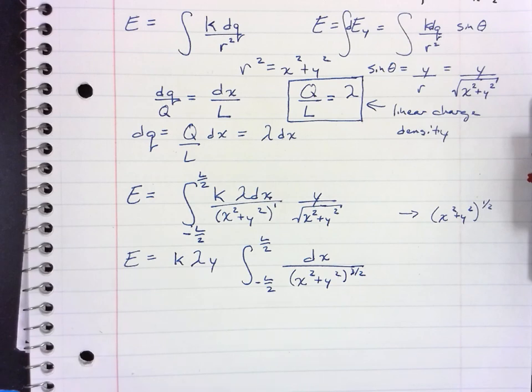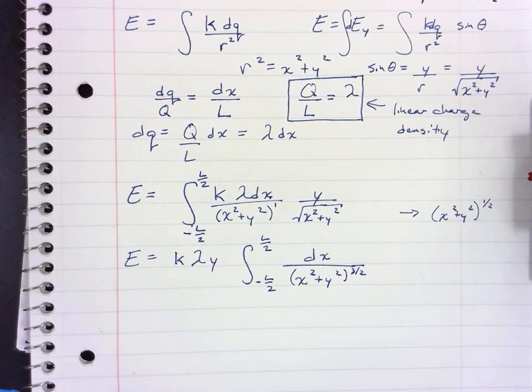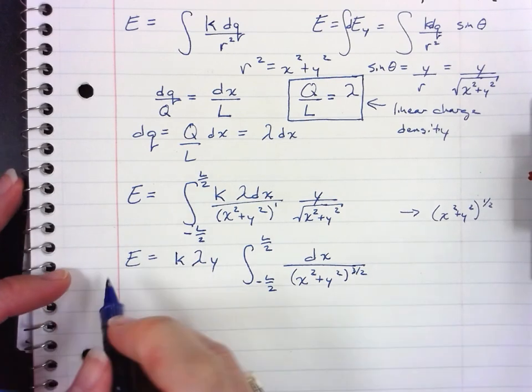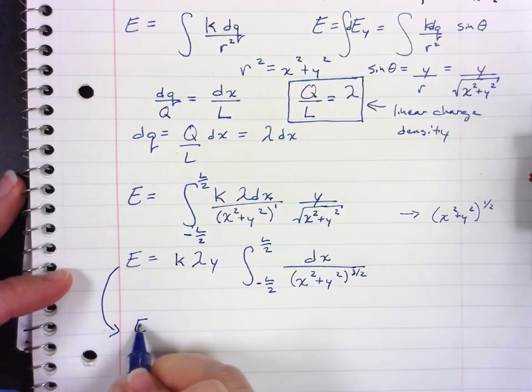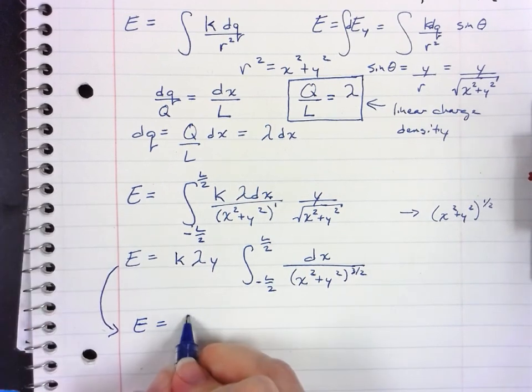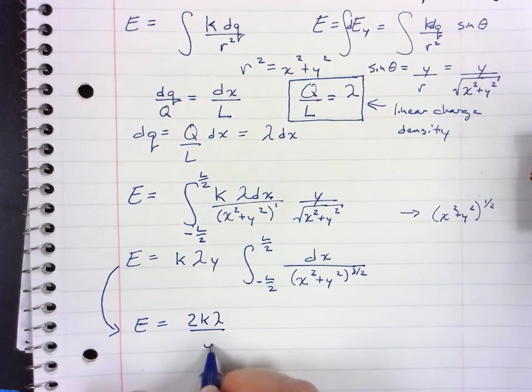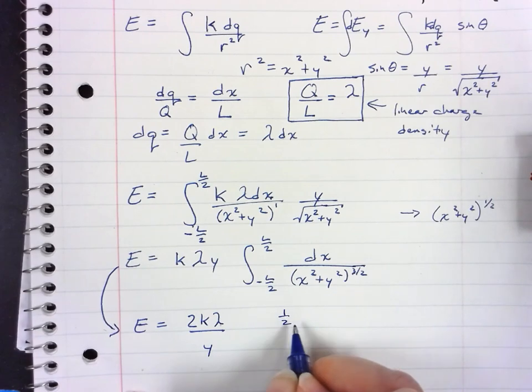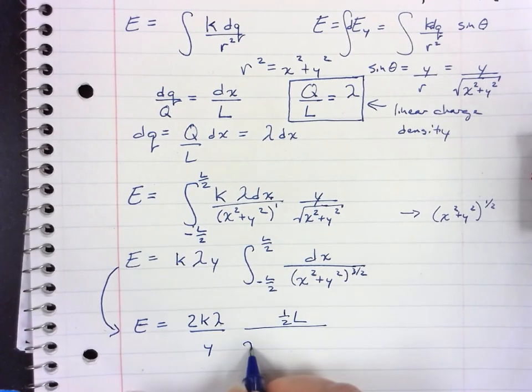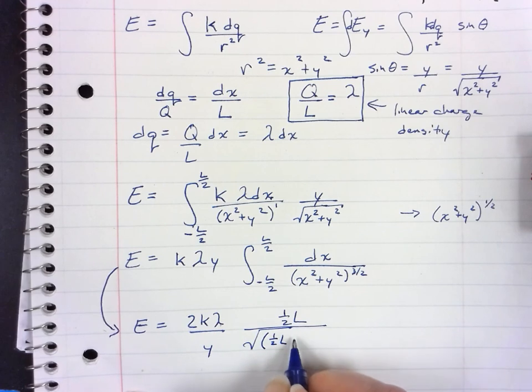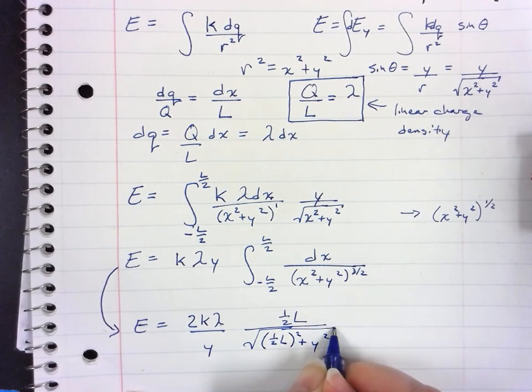Now, this isn't awful, but even those of you who are in calculus, you have not done trig substitution integration yet. So I'm going to make a second video to actually show the details between here and the next step. But this turns into, through the magic of calculus, 2k lambda over y, 1/2 L over the square root of 1/2 L squared plus y squared.